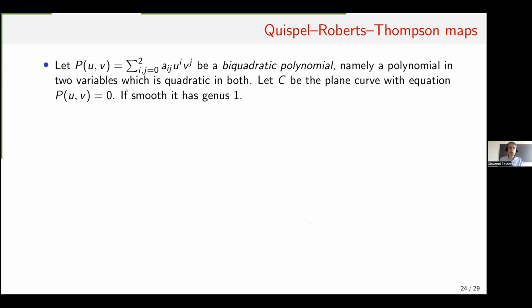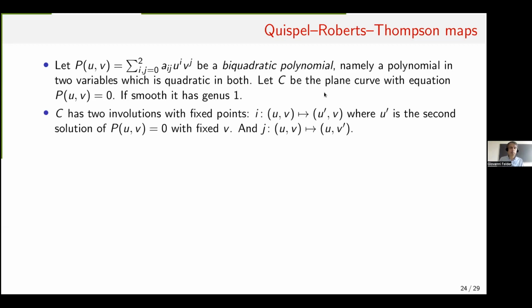It has terms u squared, uv squared, u squared v squared, and so on. And so consider the corresponding plane curve given by the zero set of this polynomial. It's again a curve of genus 1, if it is smooth. And so again, we have two involutions here. Namely, we have a curve in the plane, and let's intersect it with vertical lines and horizontal lines.